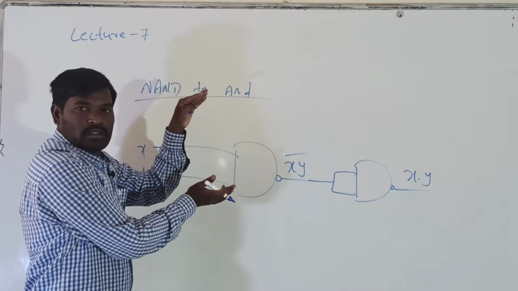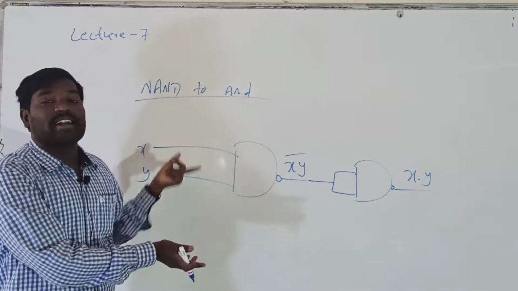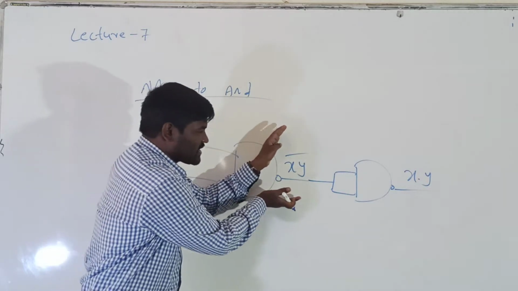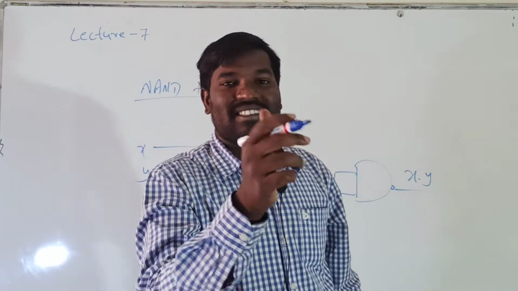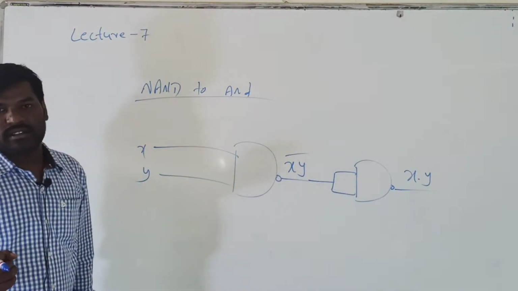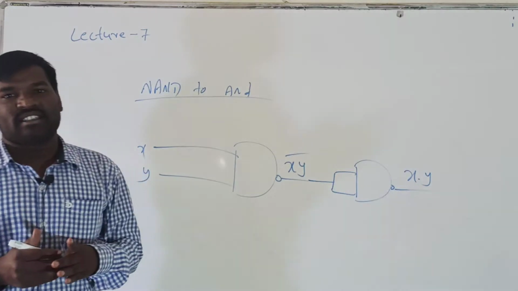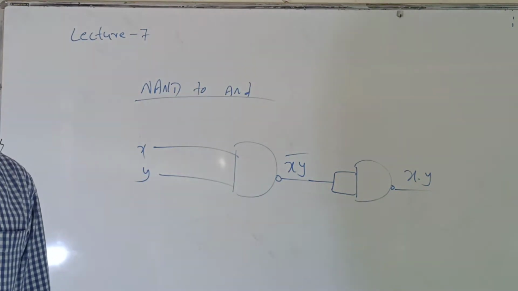Now I have to draw the circuit diagram for AND using NAND gate. The result is X into Y whole bar, but in general AND operation result is X into Y. If we get the X into Y whole bar, again we have to apply the inverter. Finally we will get X into Y. So this is the circuit diagram for NAND to AND.